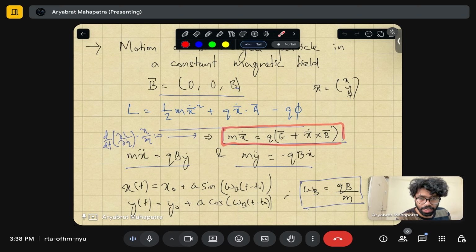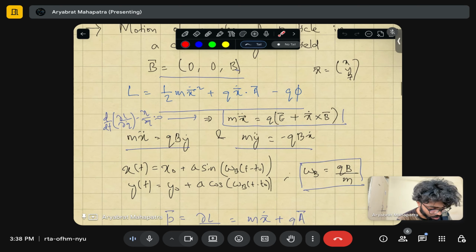We are talking about a charged particle, a quantum particle like an electron or some other particle which has charge and could also have some spin. This is how it behaves in the presence of an external electromagnetic field. Let's say E is also some constant, and the magnetic field we have chosen is constant along the z direction.